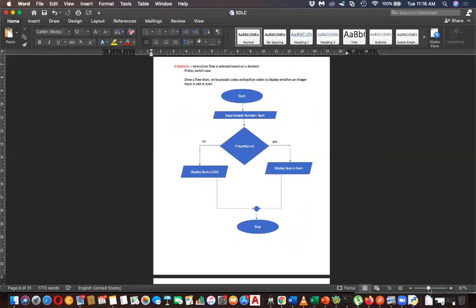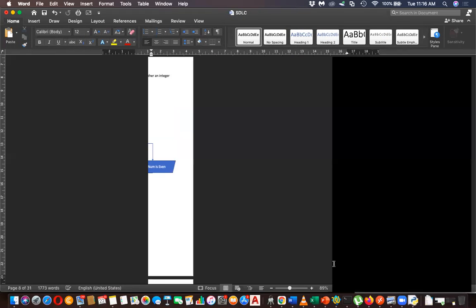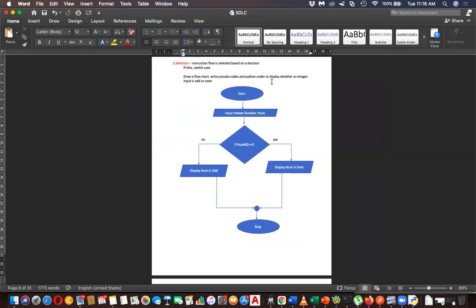So you give an integer input, and this will divide by 2 and give the remainder. If the remainder is 0, it's even, and if the remainder is 1, it's odd. So this is the program.